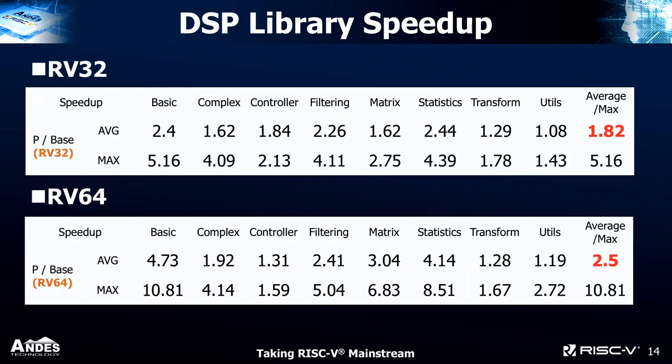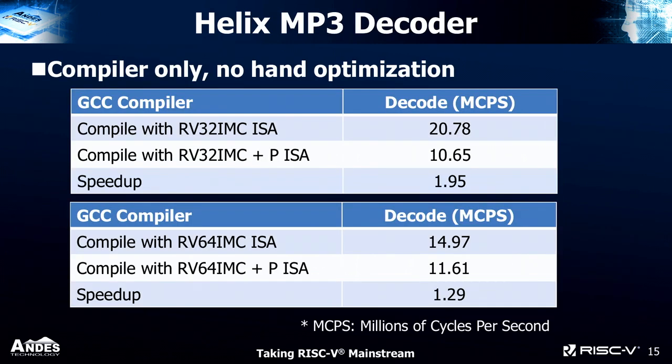Okay, and we have tried the P extension instructions on several different benchmarks. This is a DSP library with more than 200 DSP functions covering 8 categories. We can see that in RV32, it has an average speedup of 1.82, and for RV64, an average speedup of 2.5. The maximum speedup is much larger, but it depends on the functions. We also tried the Helix MP3 decoder.